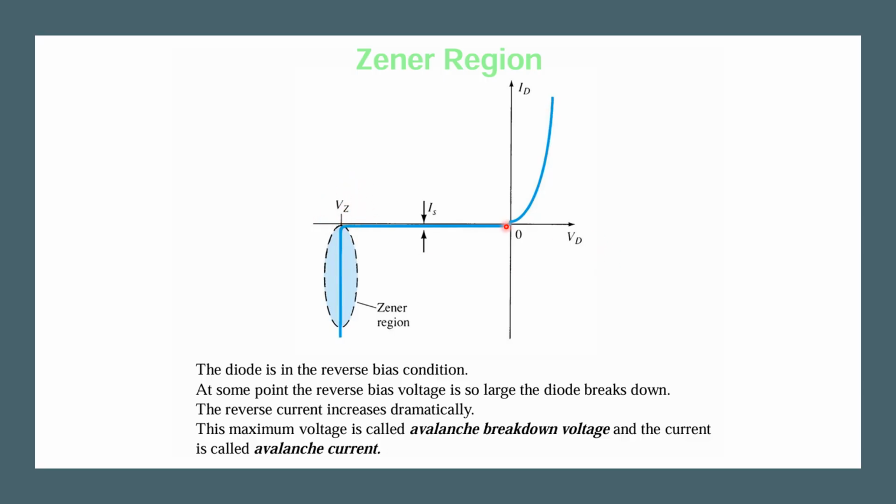Due to the heavy doping, the forward current and the reverse current are both in milliamperes. But in a PN junction diode, the forward current is in milliamperes and the reverse current is in microamperes. Here, the avalanche breakdown will occur.